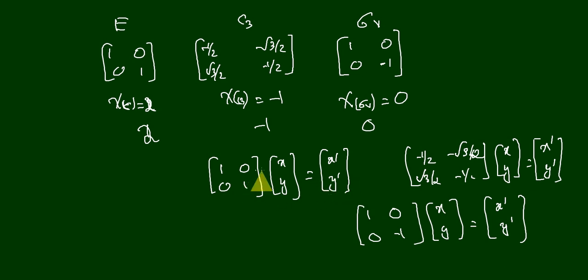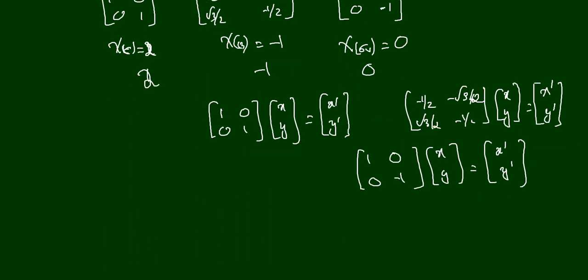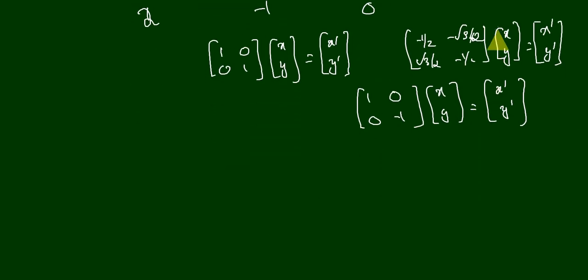So here if we look, we can see that x and y transform together. X and y transform together. And that will be very much obvious if we take this matrix. Okay? Because in this matrix, the off-diagonal elements are non-zero. Off-diagonal elements here are minus root 3 by 2 and root 3 by 2.